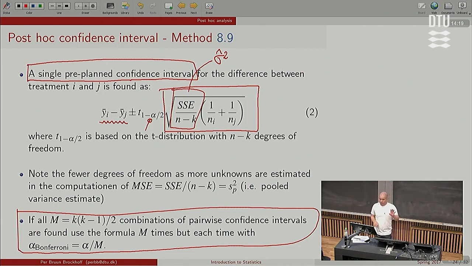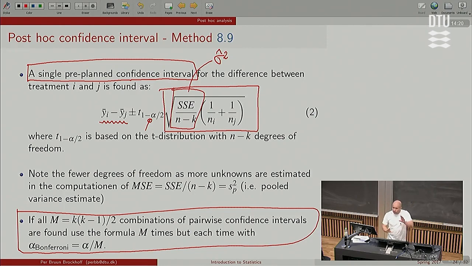I'm distinguishing, in the top, where I say a single pre-planned confidence interval. By that I mean if the Bang & Olufsen people compare 12 products, but they already decided, for instance, that product 1 and 2 are our real prototype competitors. The rest maybe would just be competition out there, or other prototypes we just take into the test for other reasons. I really have 2 that I plan to choose between, even though I tested 12. Then I have pre-planned that these are the two I want to compare.